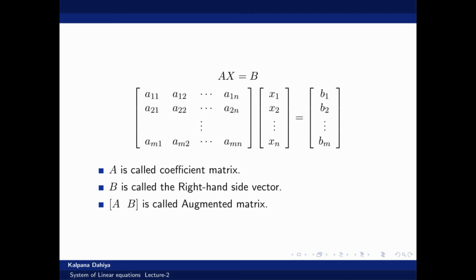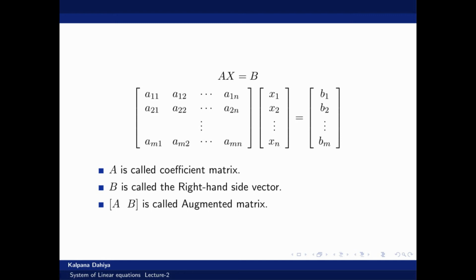This given system of equations can be represented in matrix form as AX equal to B, where A is an m cross n matrix. The variables x1, x2, up to xn are represented by the vector capital X, and the constant terms on the right hand side b1, b2, up to bm are represented by the vector capital B.